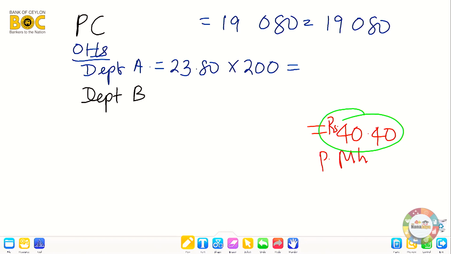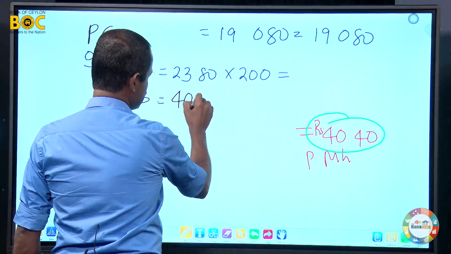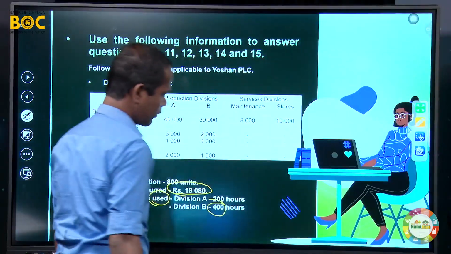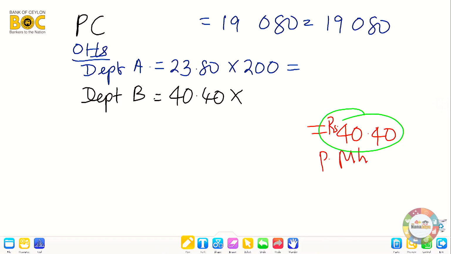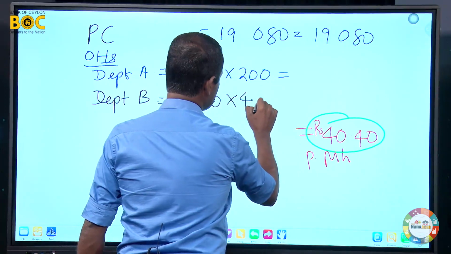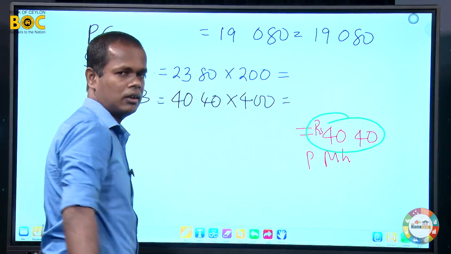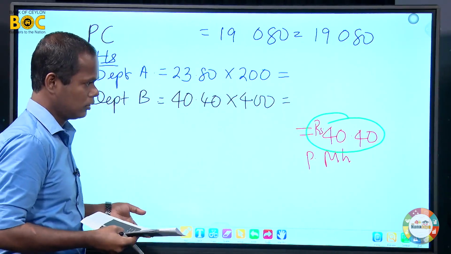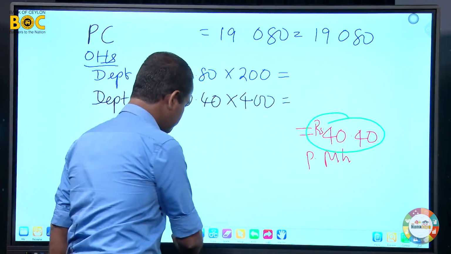You multiply 40 rupees and 40 cents by the 400 machine hours used. You have to clearly identify that it's per machine hour.